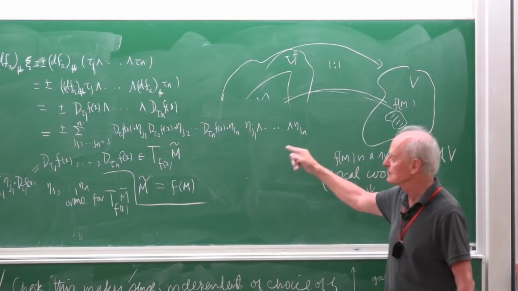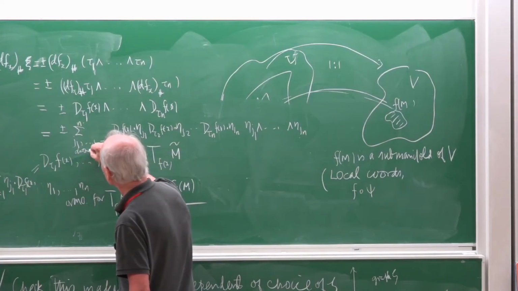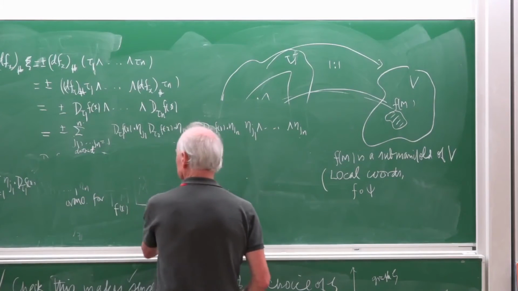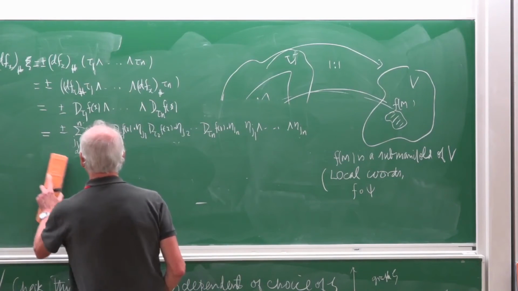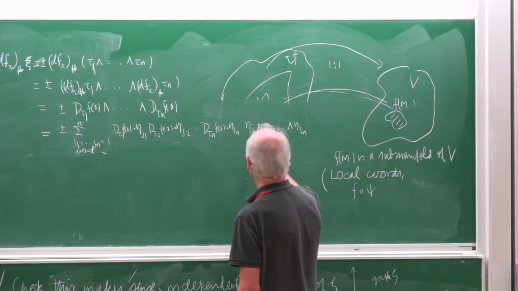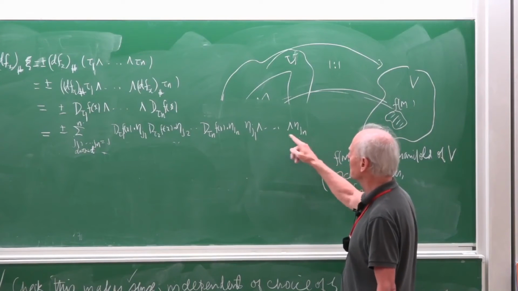So we can certainly take these to be distinct. And then this is just a permutation of 1 up to n.